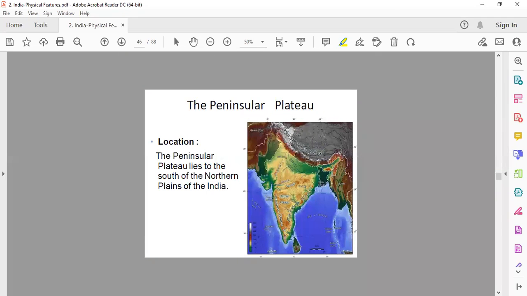What is the location of the peninsula? The peninsular plateau lies to the south of the northern plains of India.